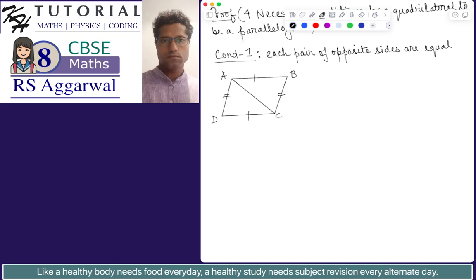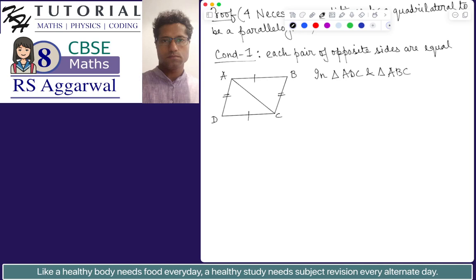Now clearly we can see that if you consider triangle ADC and triangle ABC, all these proofs are heavily based on congruence of triangles.